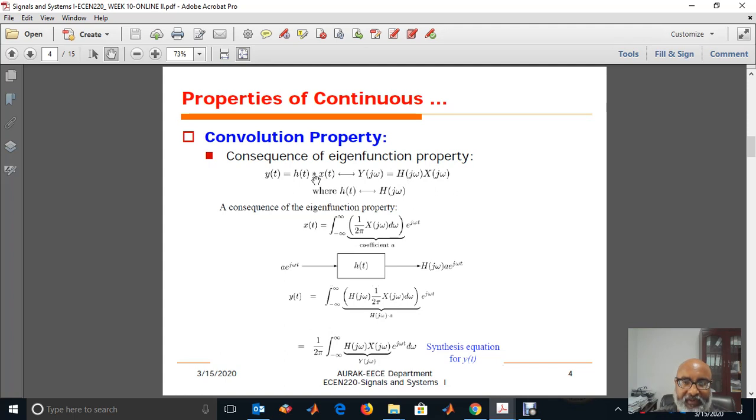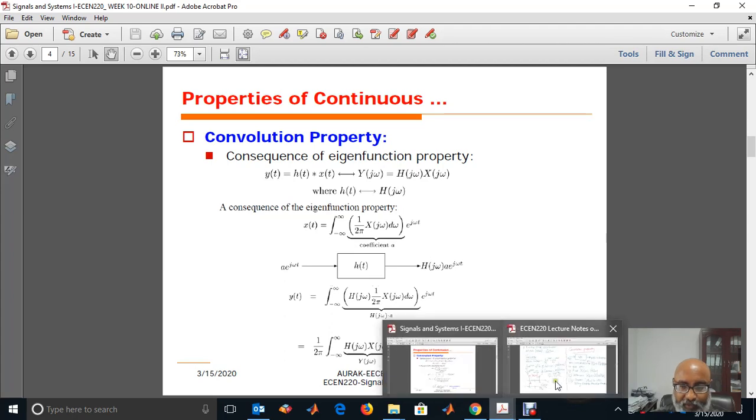You see, the convolution changes to multiplication, which is very important. So why is it useful? Because instead of getting the output by using convolution, we change h(t) to H(j omega), x(t) to X(j omega), and then we evaluate Y(j omega) and change Y(j omega) to y(t). Okay, let's go to the class notes.